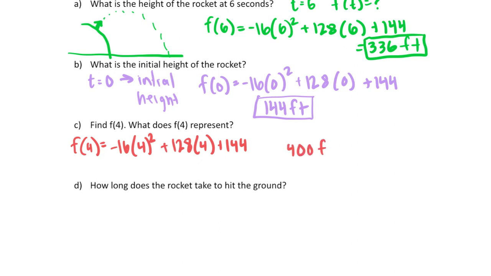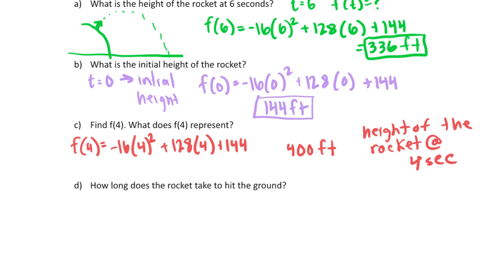So 400 feet, or actually we don't know it's feet. It's 400 when I plug it in, but they're asking what this represents. It represents the height of the rocket at 4 seconds. So the height of the rocket at 4 seconds is 400 feet.